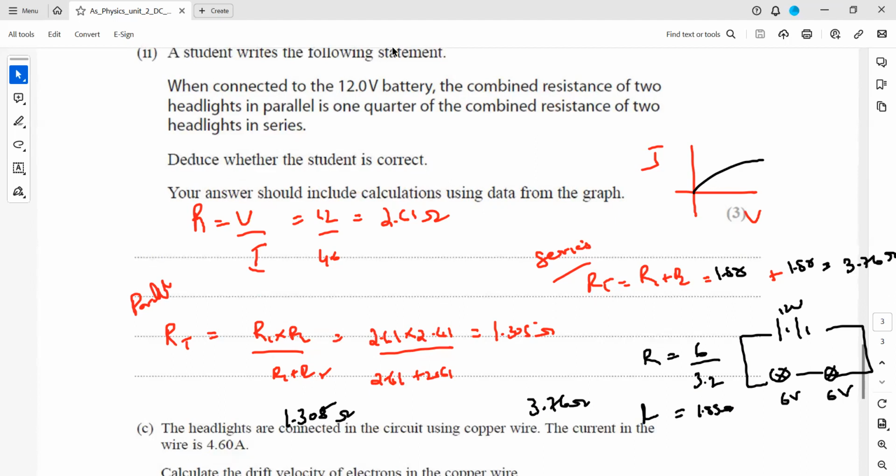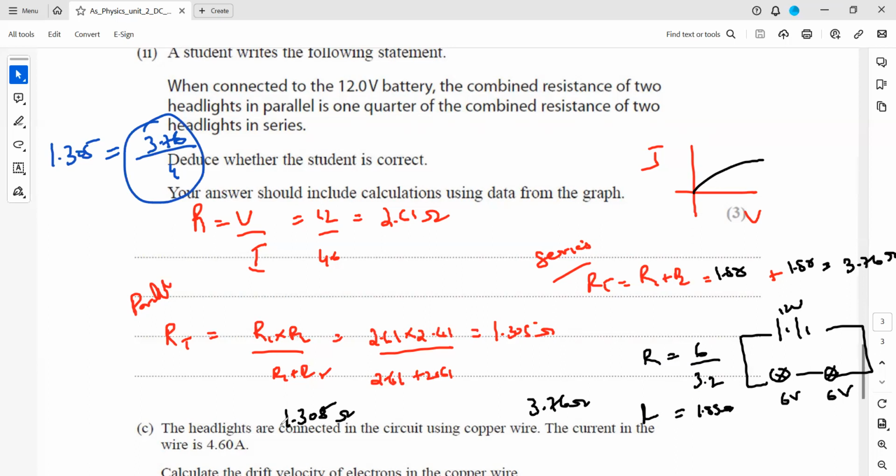So the resistance in parallel is 1/4 of that in series. So this value, 1.305, the combined resistance in parallel, should be 1/4 of the combined resistance in series, like 3.76 divided by 4.